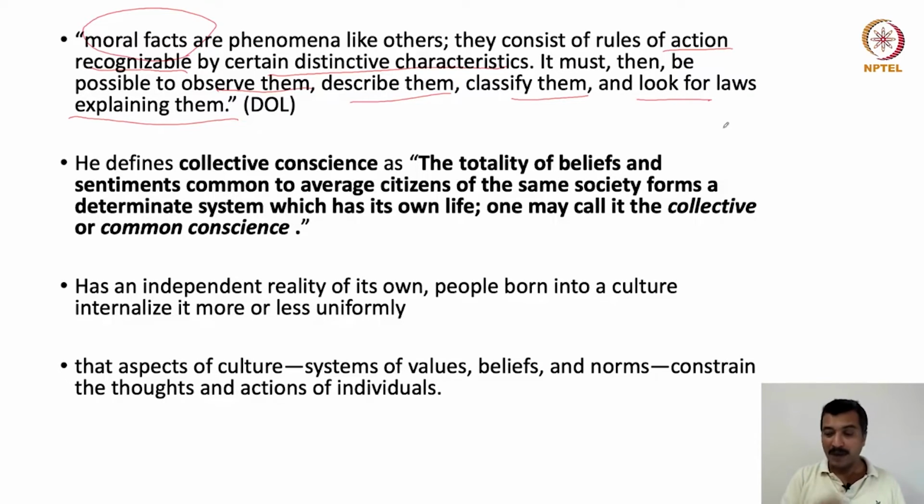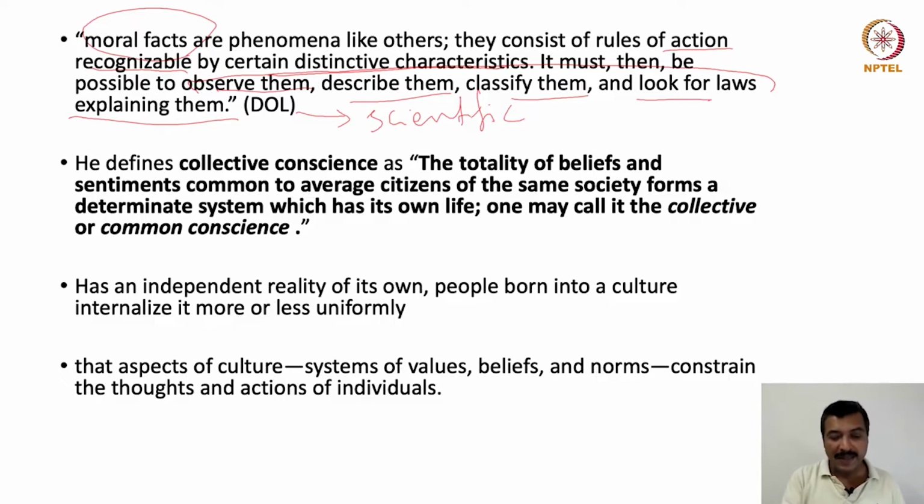And I hope you understand that by these four categories, observe, describe, classify, and look for laws, he is talking about scientific methodology. So he's arguing that you are able to study value systems in a scientific manner.